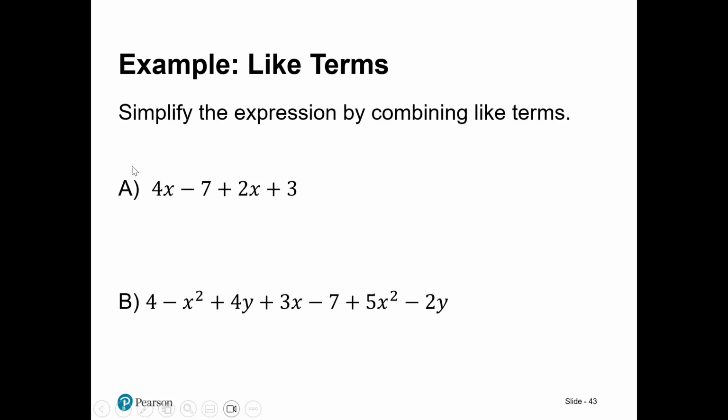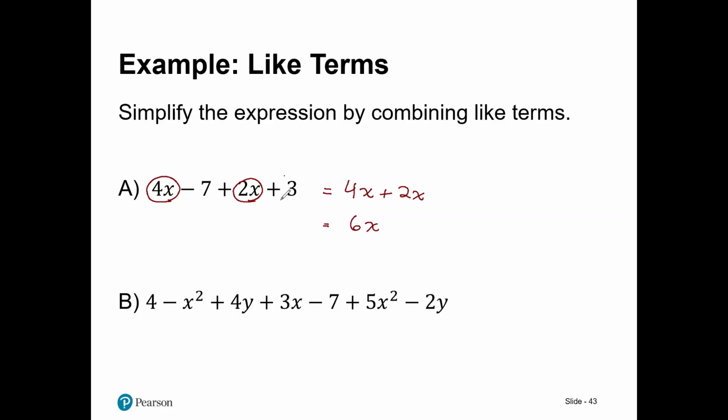Examples: we're going to simplify expressions by using like terms. When we simplify using like terms, we just add and subtract the coefficients. So we have 4x, and its like term is 2x. Putting these together, I have 4x's plus 2x's, which gives me 6x's.